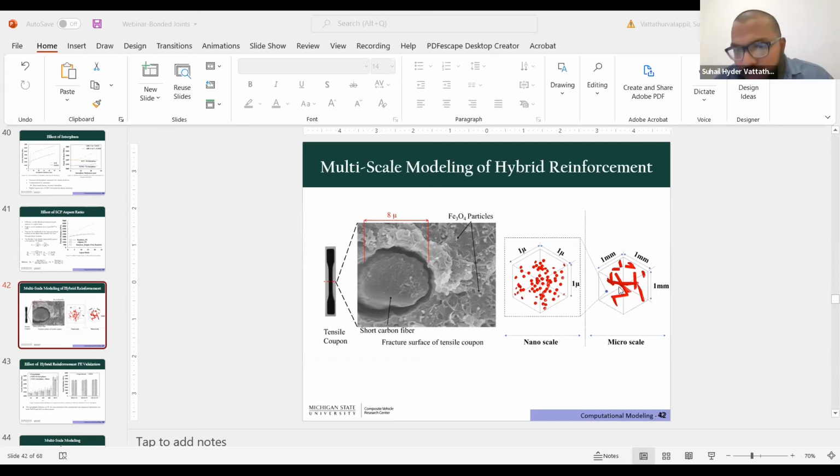The longest short carbon fiber that I found was nearly 800 microns, so I just put 1 millimeter as the size of the RVE, because if I increase the RVE size, then I need to increase the computational time as well. Yes, but here you have a trade-off between computational time and accuracy. Exactly.